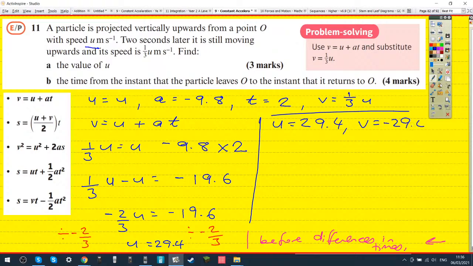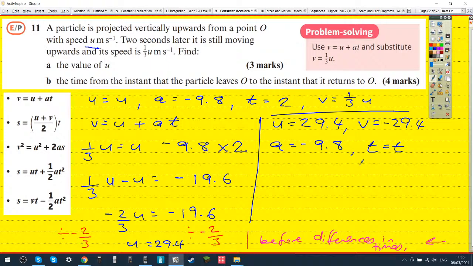Great. And then would you need A as well? Yep. Minus 9.8. And then we can work out from there, can't we? And so T is T. Yeah, give that a go.